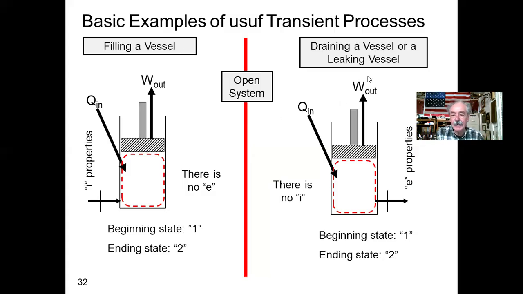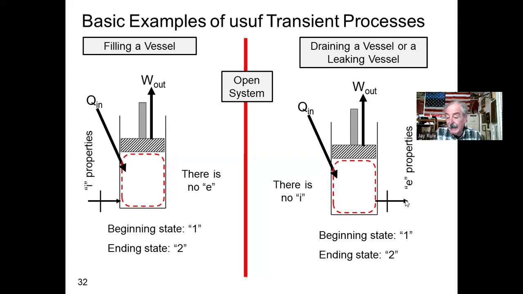The other basic type is draining a vessel, or a vessel that's leaking. It's got a pinhole leak in it, perhaps. Okay, same sketch. I'm showing a piston and cylinder. Heat in, work out. It looks like a closed system, but no, I've got mass transfer because perhaps there's a leak in this tank.